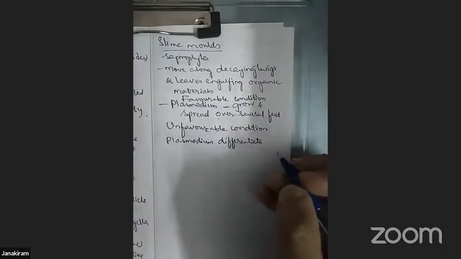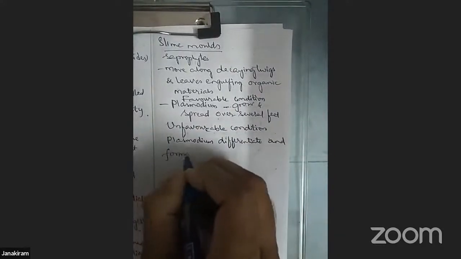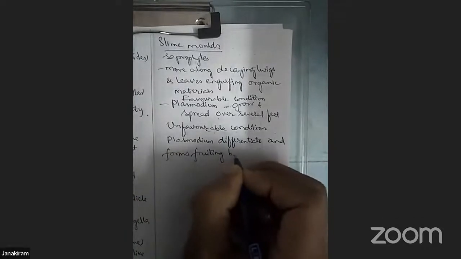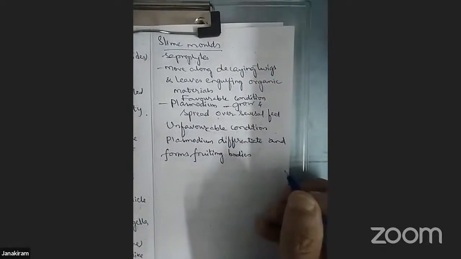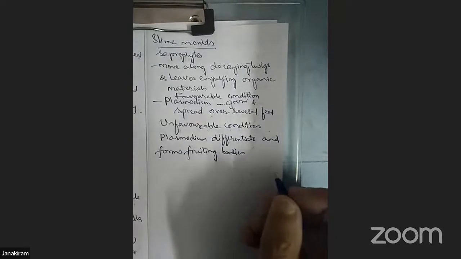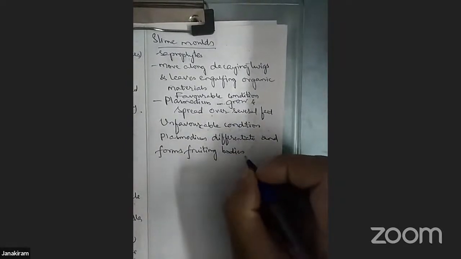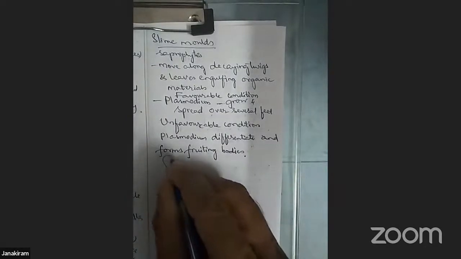And they form fruiting bodies. Those fruiting bodies are called basidiocarps, right? So they will be bearing the spores called basidiospores, and they appear like this.